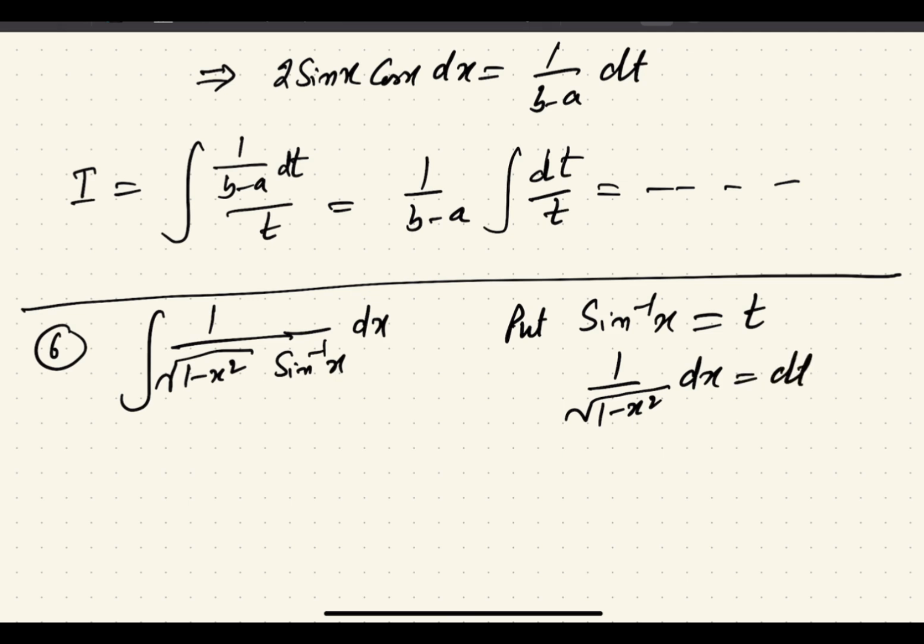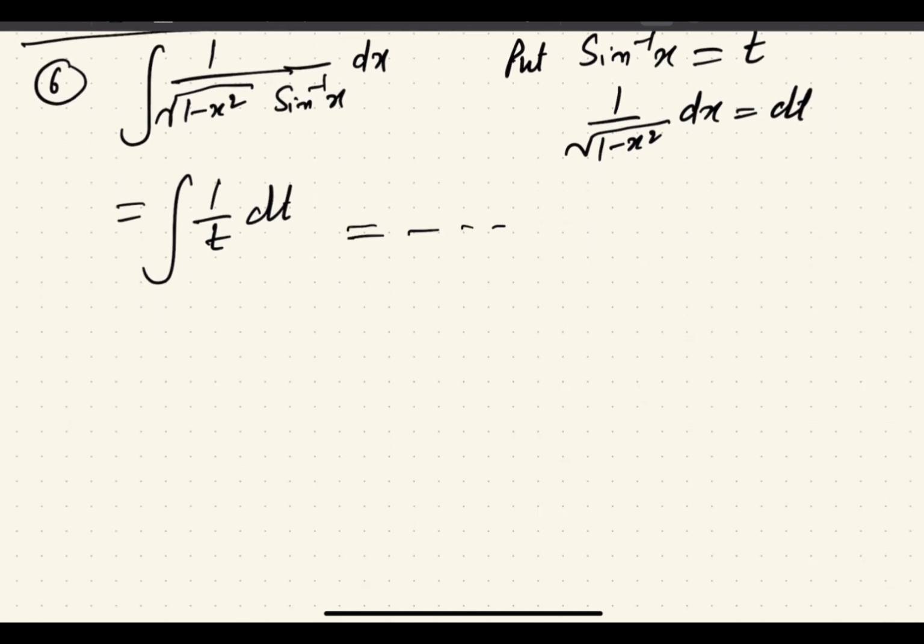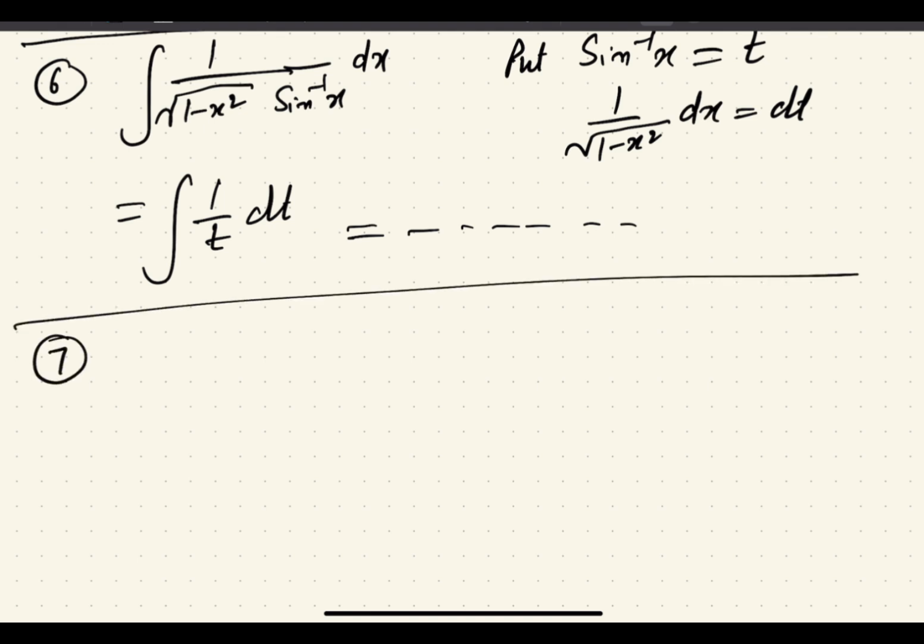And you can replace this here, and sine inverse x is here, that will be 1 over t, and this is dt, and the rest you can write yourself, and replace always with a t value.